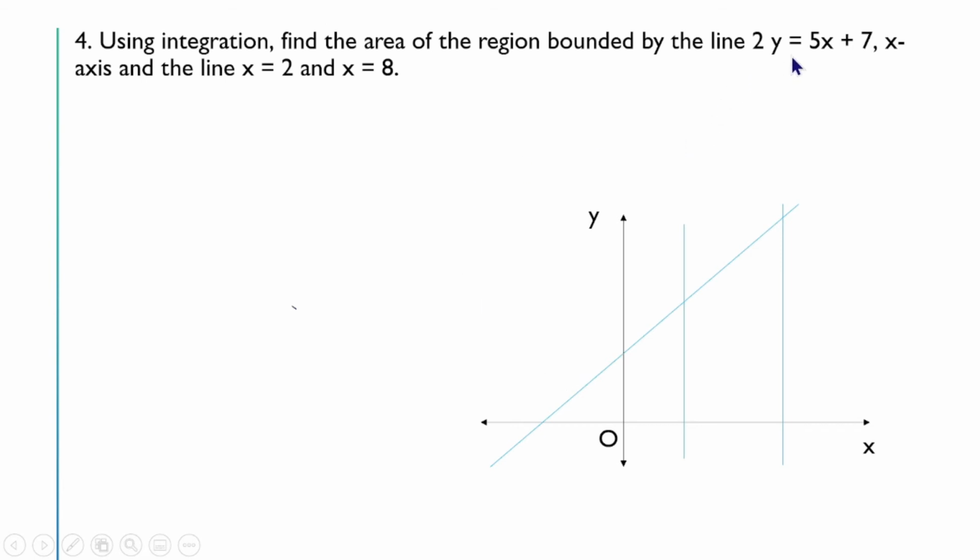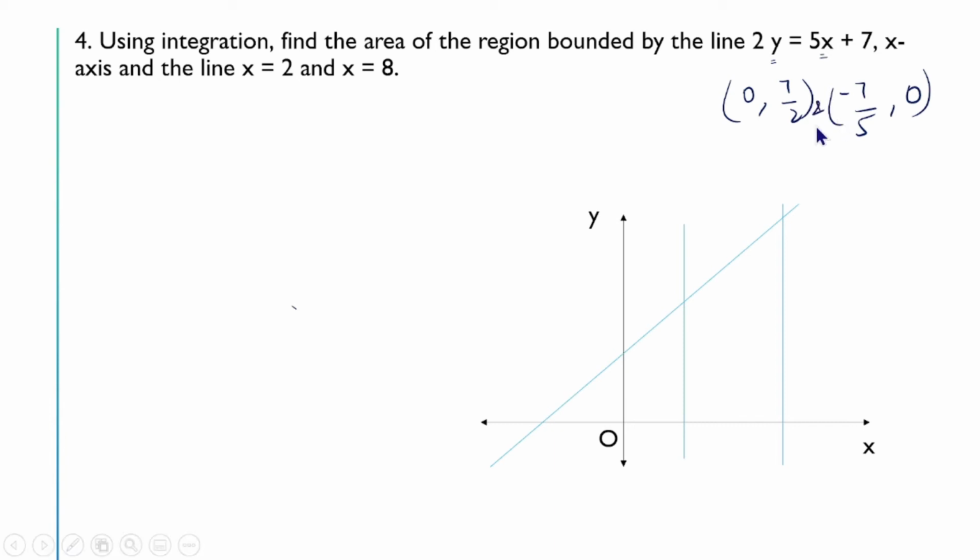So here when we have a line like this 2y equal to 5x plus 7, how we can find the line is that we can substitute x as 0. So y will be 7 by 2. So this will be 1 point, and then we can substitute y as 0 and x will be minus 7 by 5. This is the other point.